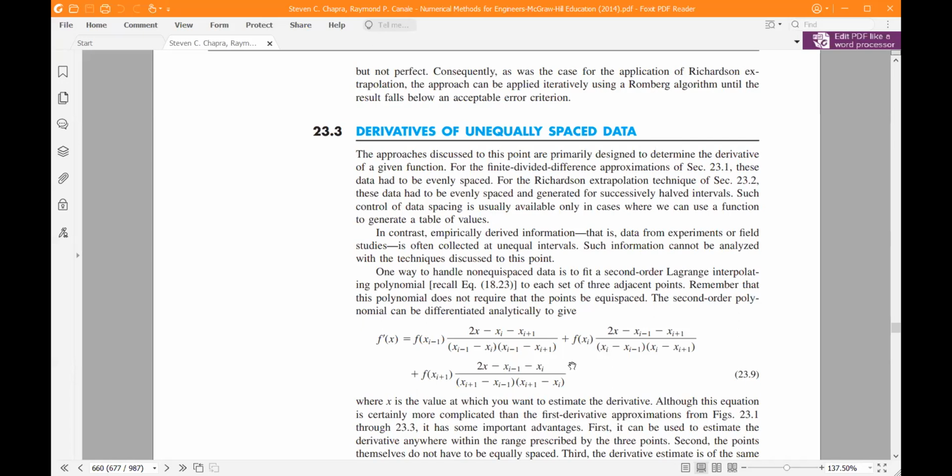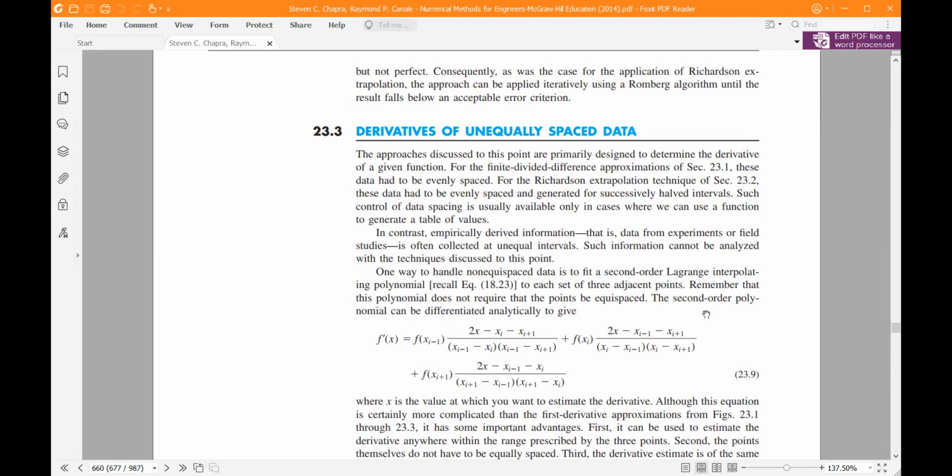That derivative is valid within the range of the 3 adjacent data points you have chosen. If you want to find the derivative in other ranges, you have to repeat that procedure.